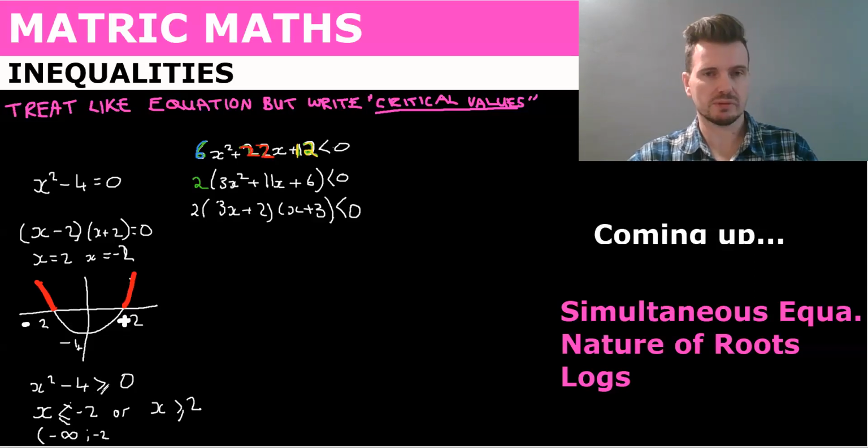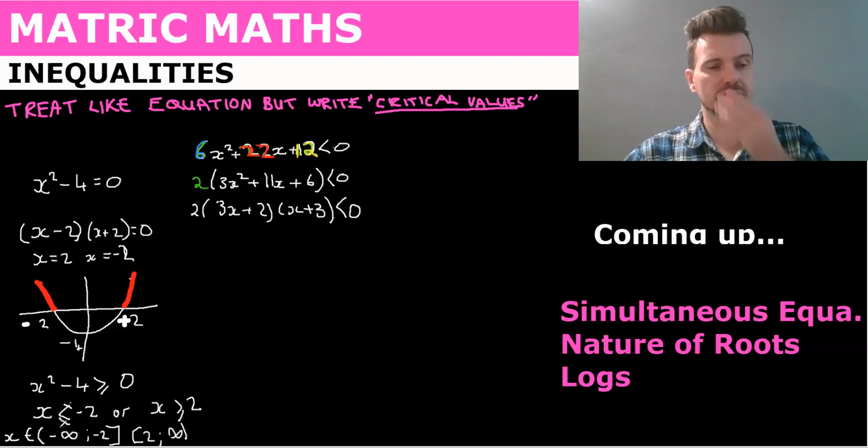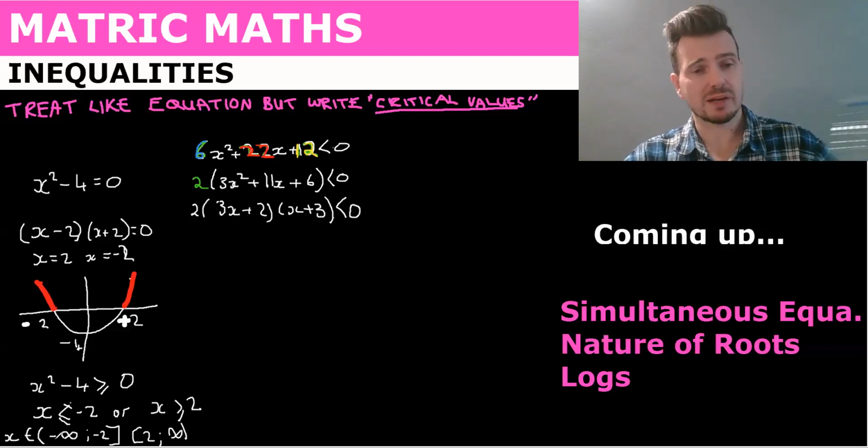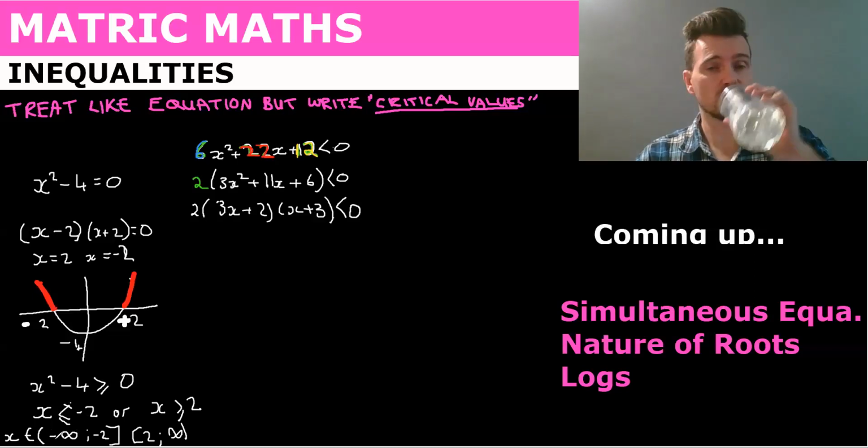For this less than sign, we don't include 2, but here we do include 2, so you put a square bracket. So we say x is an element of, negative infinity to negative 2, or from 2 to infinity. Infinity always has a round bracket because you can never reach infinity.